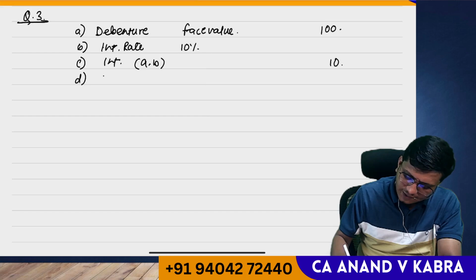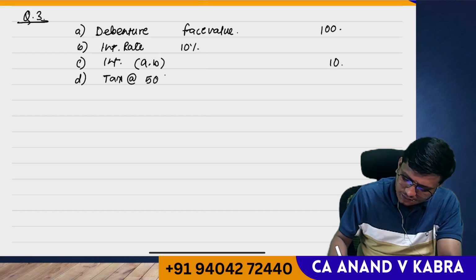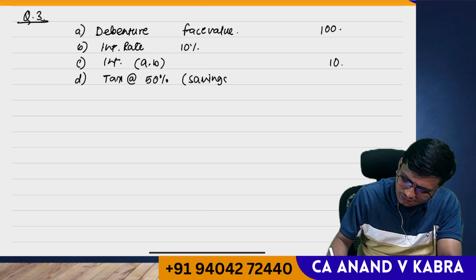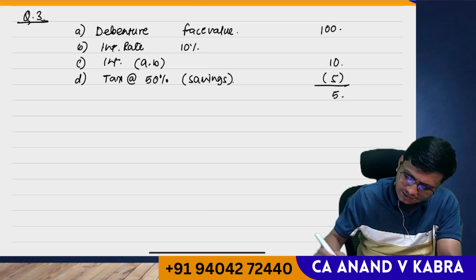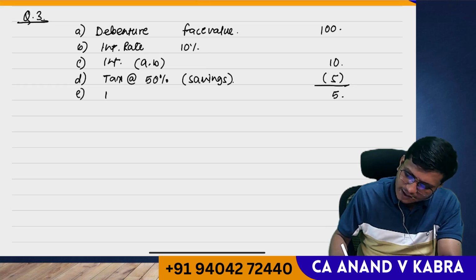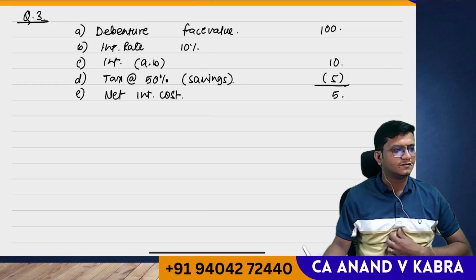Later, it will give you tax saving at 50%. It is savings, so it will be 5 rupees of saving and you will save 5. So net cost will be rupees 5. Fine.